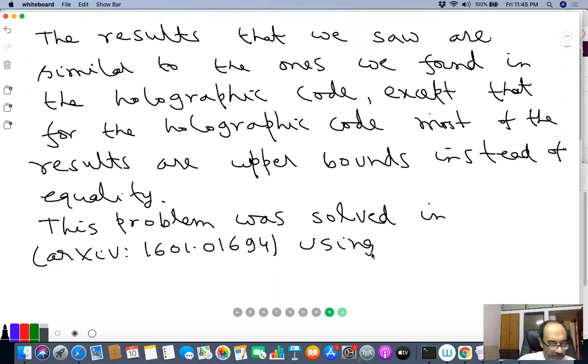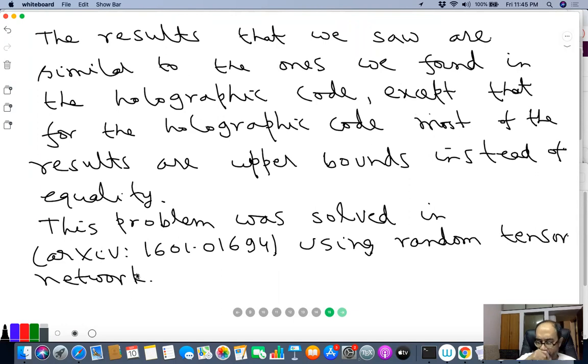It uses what they call a random tensor network, which is like a tensor network, except that at each bulk site you put a random tensor. You don't put the same perfect tensor at every bulk site, but you put some random tensors. This basically shows that all the inequalities actually become equalities in this case.